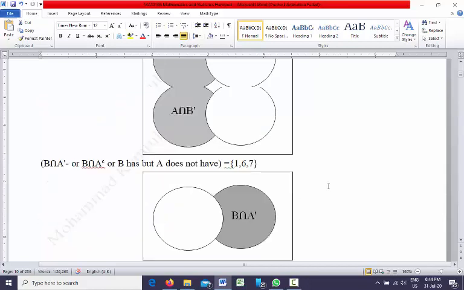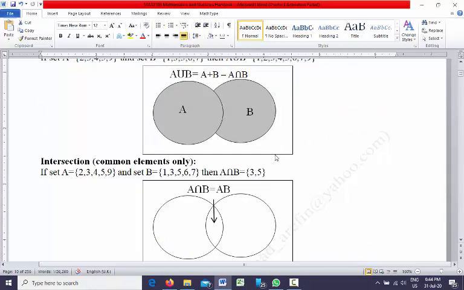Universal set U means the total area occupied by this rectangular box. Universal set means all the area, or the full area, covered by this rectangular box. That means the shaded area and the white portion.